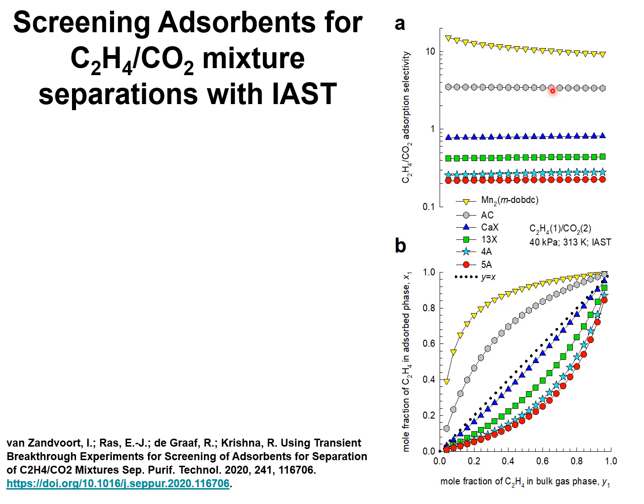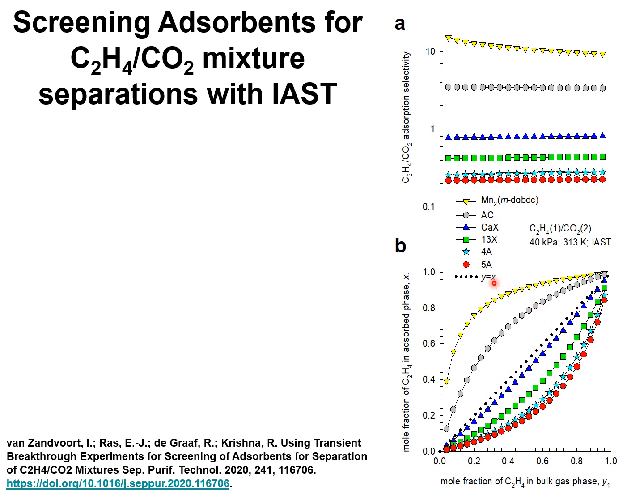Surprisingly, the second highest selectivity is achieved with activated carbon. The other adsorbents, such as calcium X, 13X zeolite, LTA4A zeolite, and LTA5A zeolite, are selective to CO2 and not to ethene, according to IAST calculations.